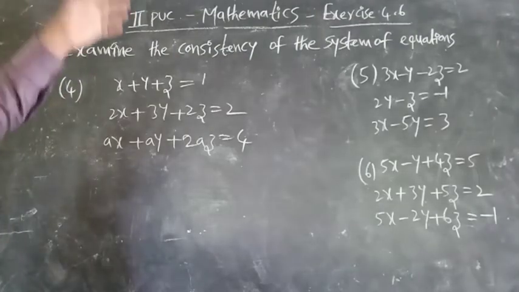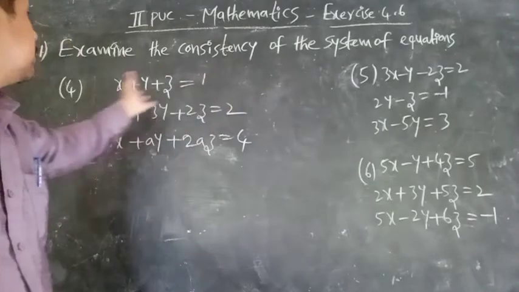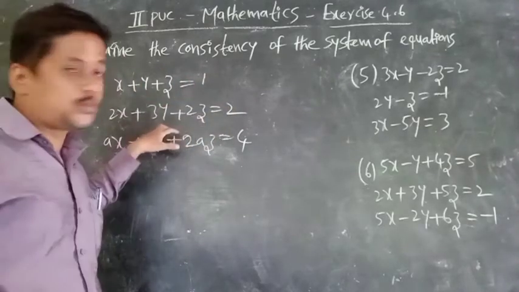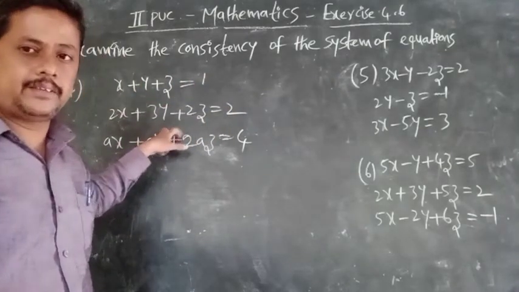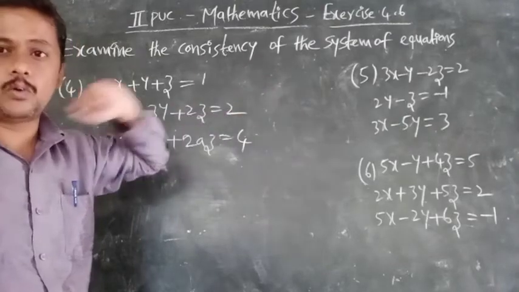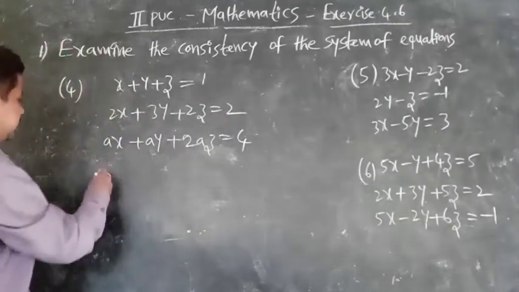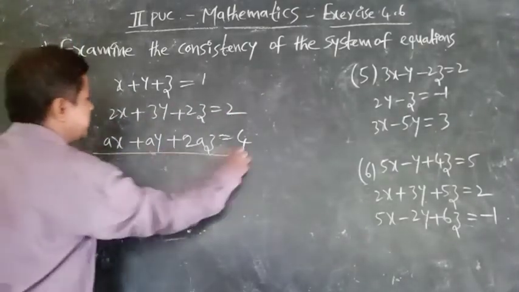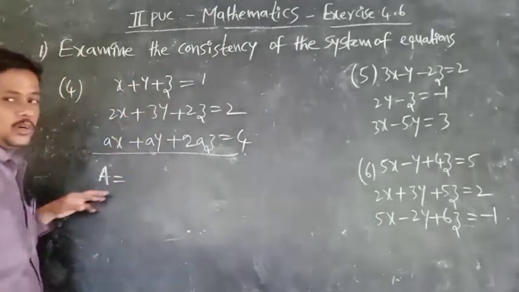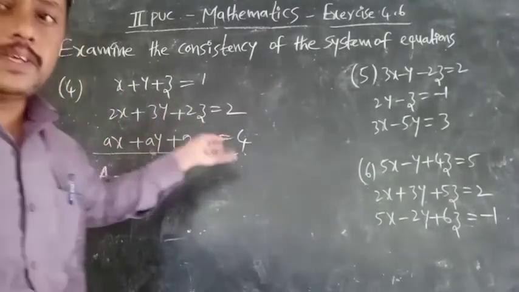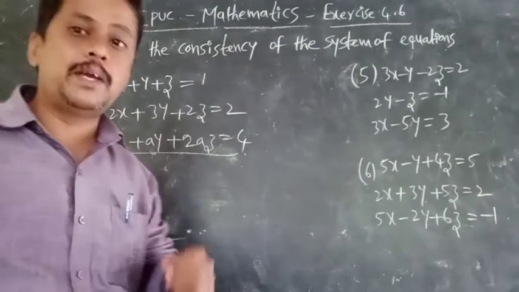See next, 4, 5, 6. I will do the fourth one, a 3 by 3 matrix. You will do 5 and 6 as homework. Let us take the A matrix. This is a system of equations in 3 variables, that's why a 3 by 3 matrix comes.